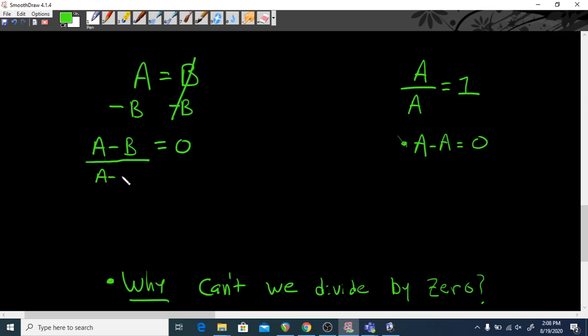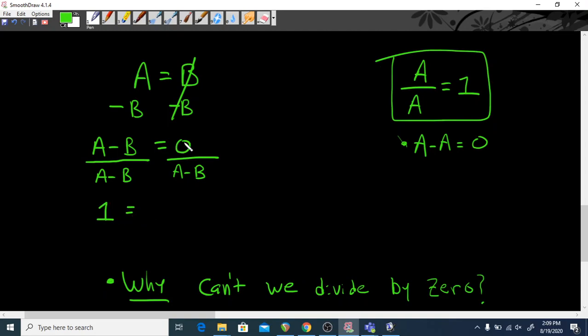Okay, now, I've got this number A minus B. I can divide both sides by A minus B. And let's take a look at what happens if we do that. On the left-hand side, A minus B over itself, that's just this property here. A minus B over A minus B is 1. And over here, 0 over anything.